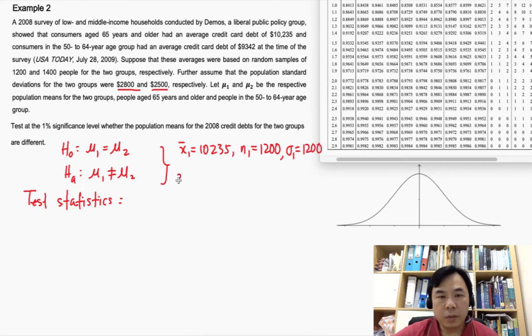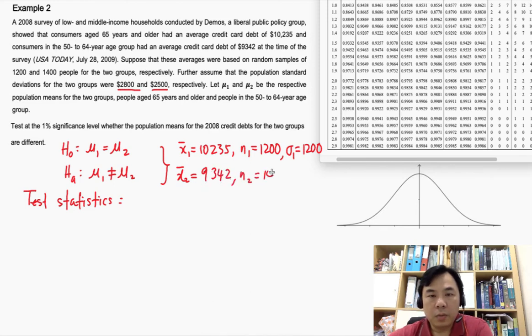And then for the second one we have 9342, n2 to be 1400, and the standard deviation for the population is given as 2500.